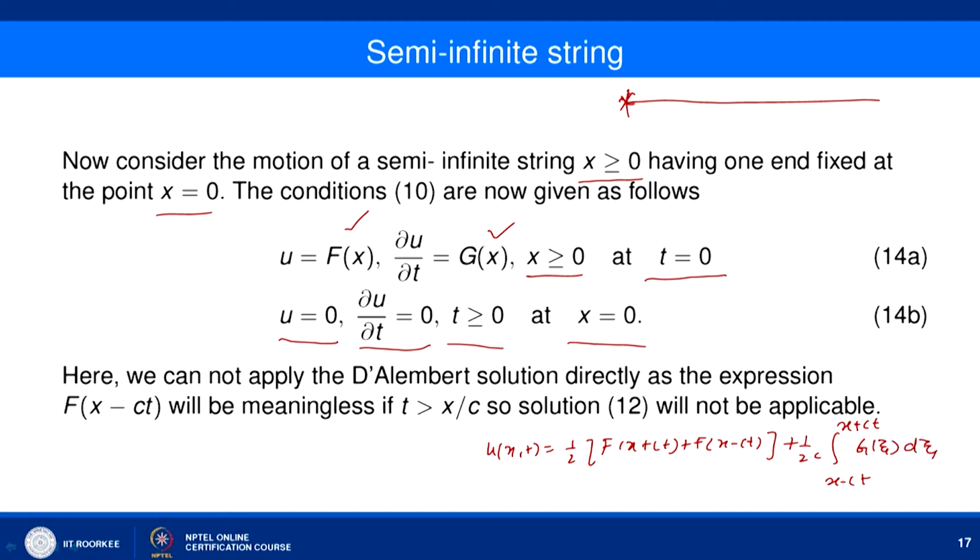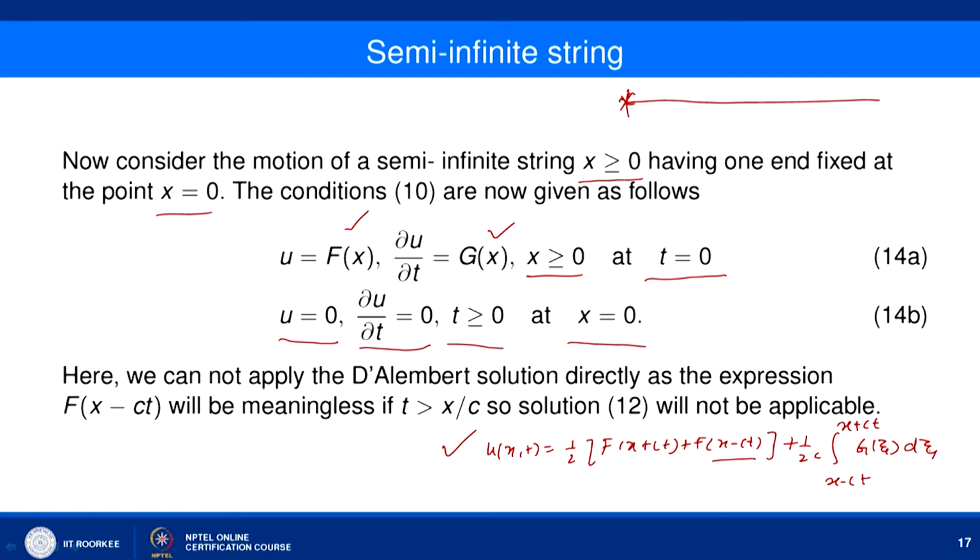The problem is that f of x is defined only for x greater than or equal to 0. If x−ct is less than 0, then this will not be defined. So I cannot use the D'Alembert solution for this semi-infinite string right now.